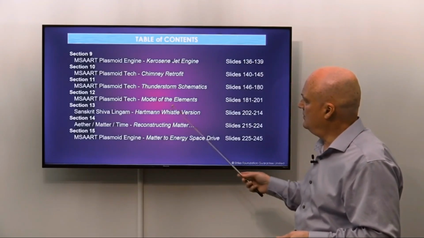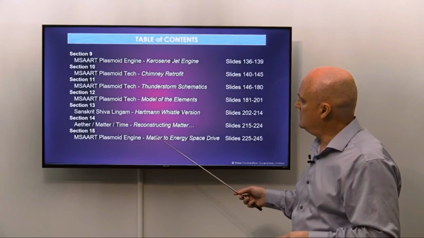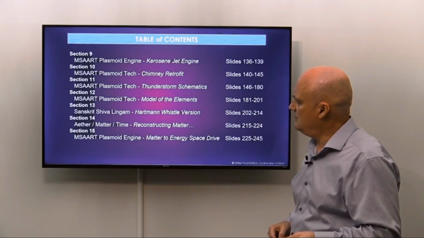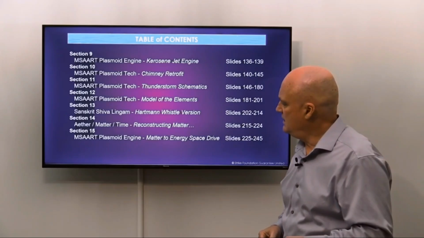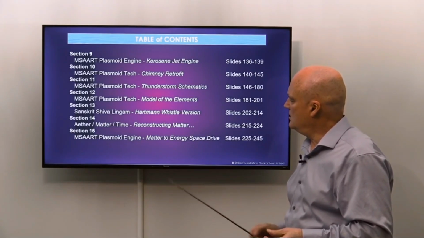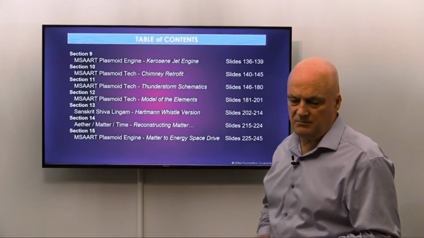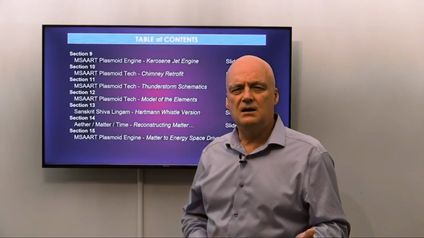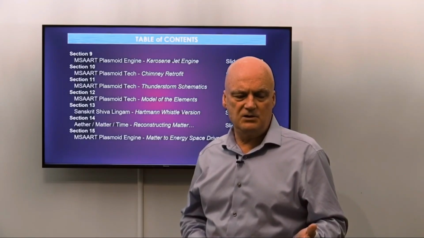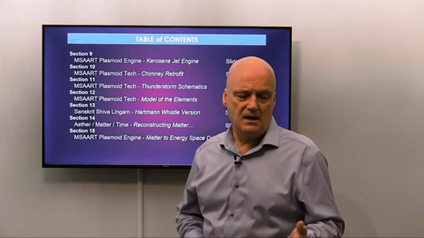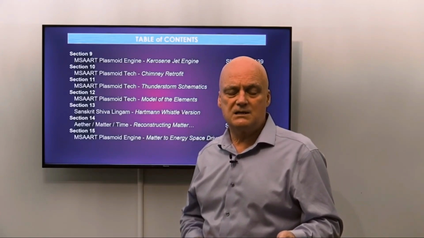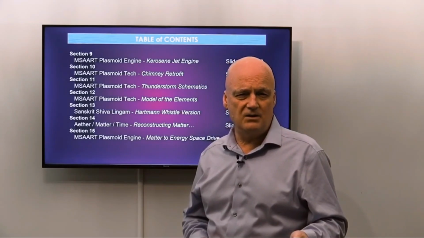So anyway, in the last sections we have some diagrams talking about the relationship between ether and matter, and then we go on further. The ultimate application of plasmoids is in space exploration, because it produces the opportunity to have literally an infinite source of energy, which is matter, available to you, and you can travel at speeds exceeding the speed of light, because the speed of light is not a constant.